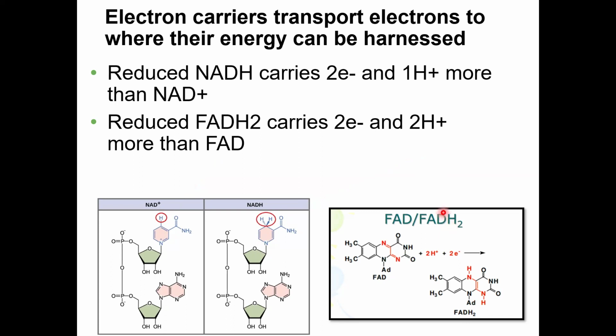The reduced NADH carries 2 electrons and 1 hydrogen ion more than the NAD plus. The reduced FADH2 carries 2 electrons and 2 hydrogens more than FAD.